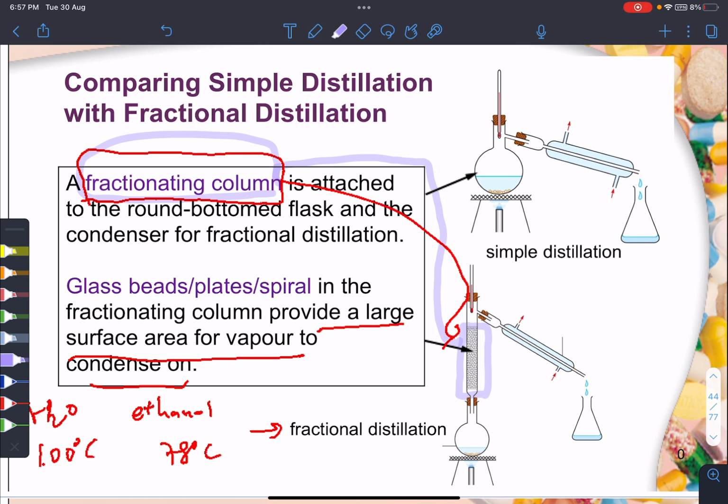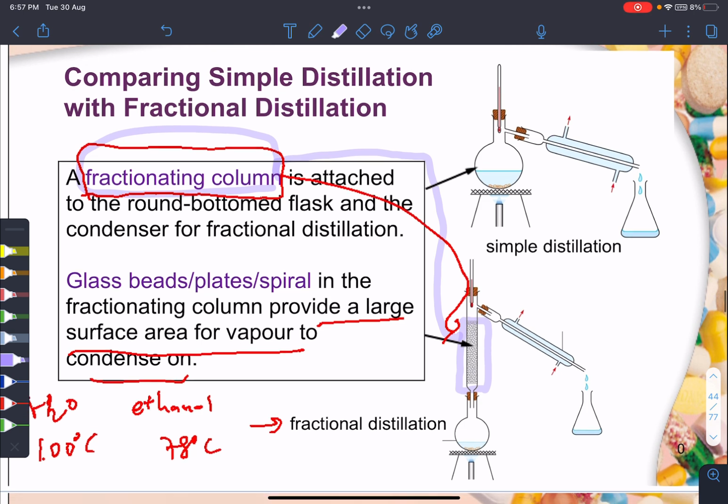It cannot even be fractional, no. So what is this column? It merely consists of glass beads, which gives extra surface area for the vapor to condense, to make sure that whatever gas goes into the condenser is the real thing. That's the only main difference in the setup.